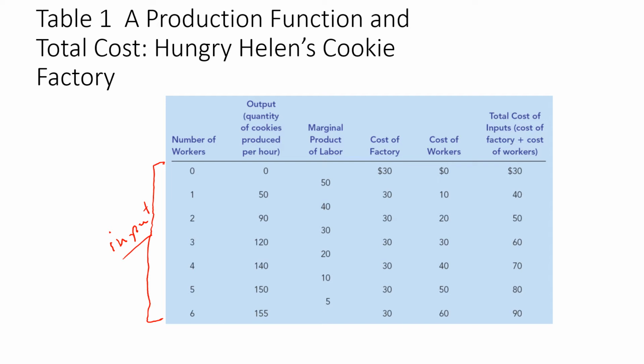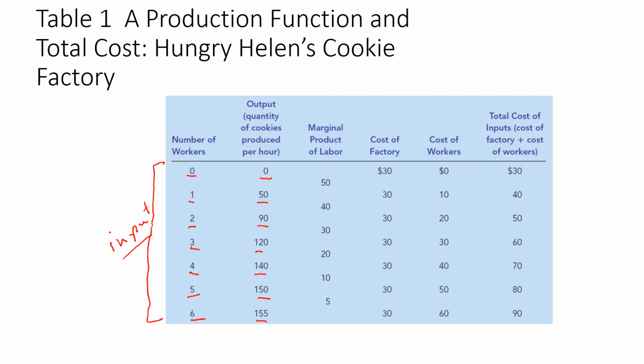When we have 0 workers, there is no output because nothing is being produced. When we hire 1 laborer, the output is 50. Then we hire another, the output is 90. With the third, the output is 120. With the 4th, it is 140. For the 5th, it is 150, and for the 6th, it is 155.